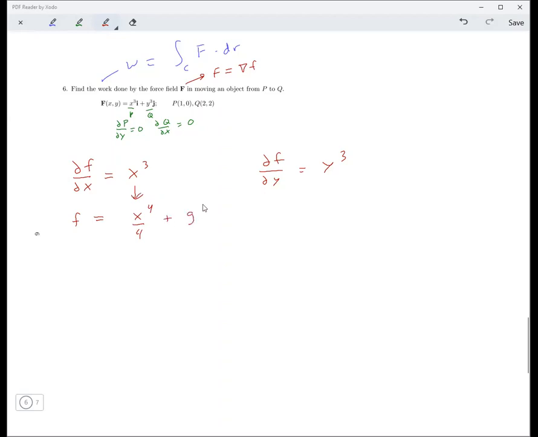But you could possibly have some function g in y, because when you take the partial of this with respect to x, you're going to get 0. Over here, y to the 4th over 4 fits, because when you take the partial of this with respect to y, you get a 4 coming down and the 4's cancel, and this reduces by 1, you get y cubed. But you could also have some function in x.